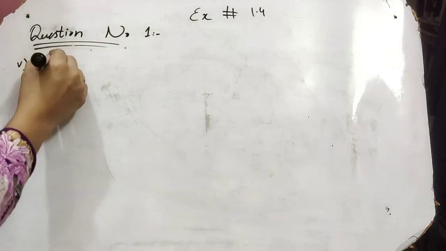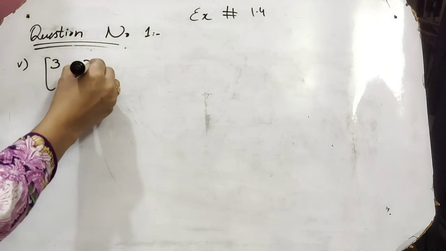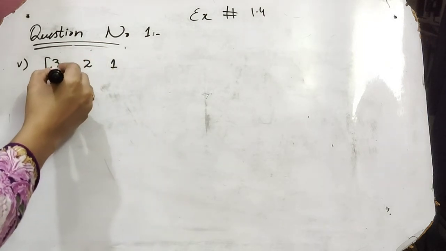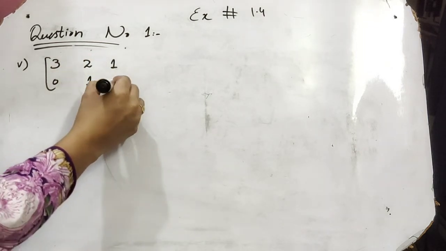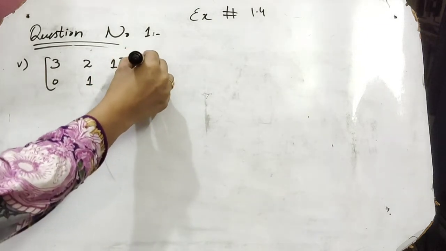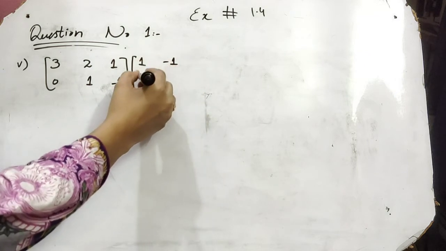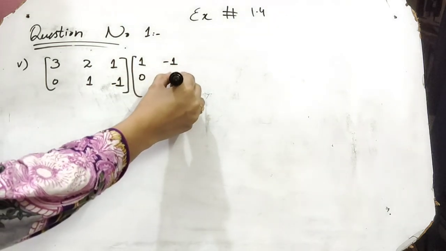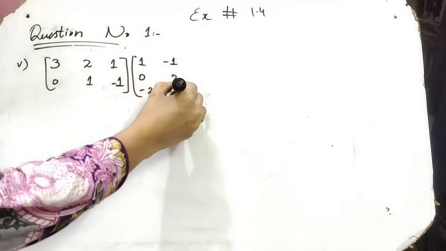The fifth part is 3, 2, 1, 0, 1, minus 1. The other is 1, minus 1, 0, 2, minus 2 and 3.